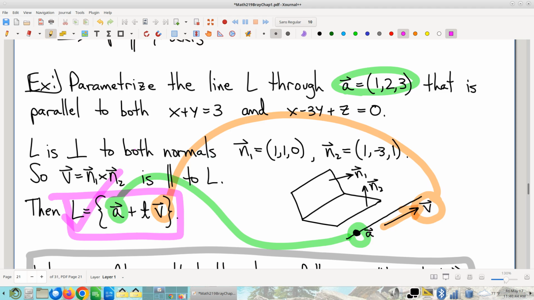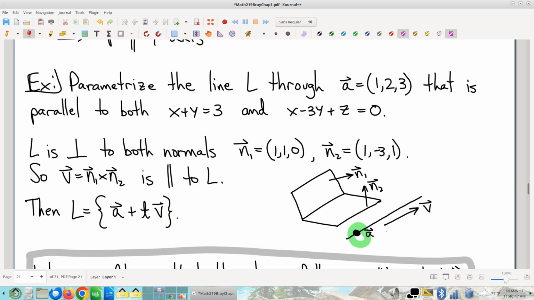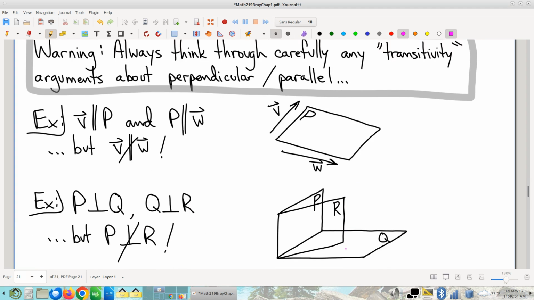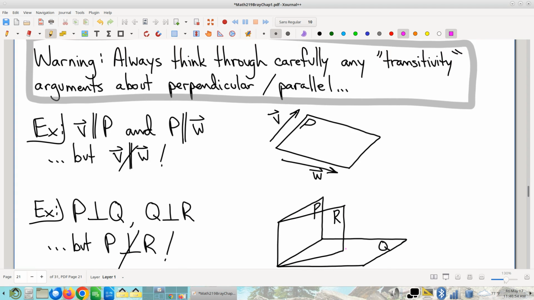Okay. Now, you're going to notice in both of the examples that I just did, I made what I was calling transitivity arguments, and very cool, very useful, and there are lots of different versions of what you might call transitivity arguments. So the big warning here, and this is something to be extremely careful about: not every seeming transitivity statement is true. So heads up, think it through carefully.